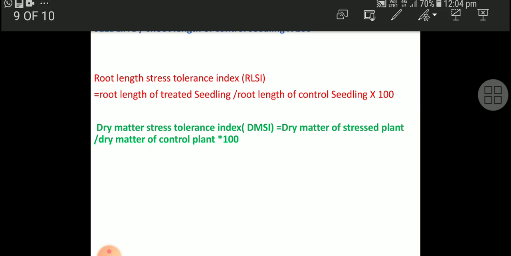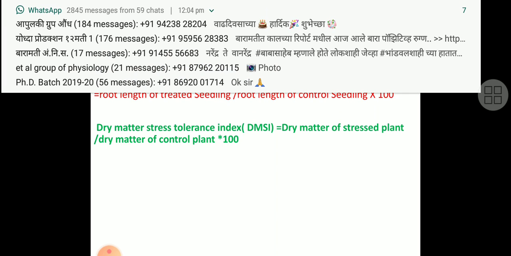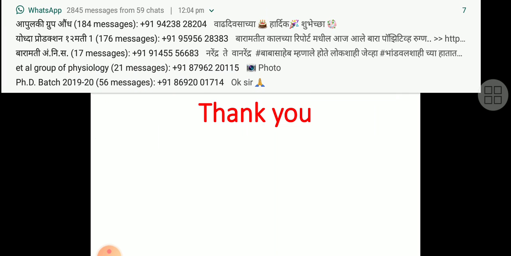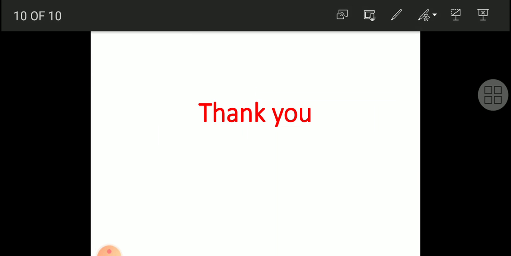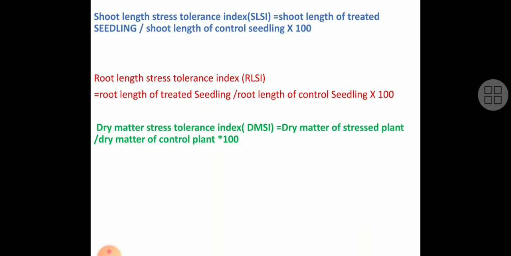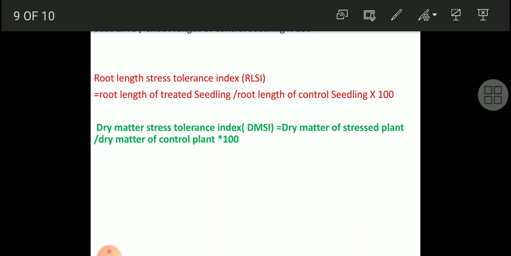Now in a similar way, here we can see the root length stress index.